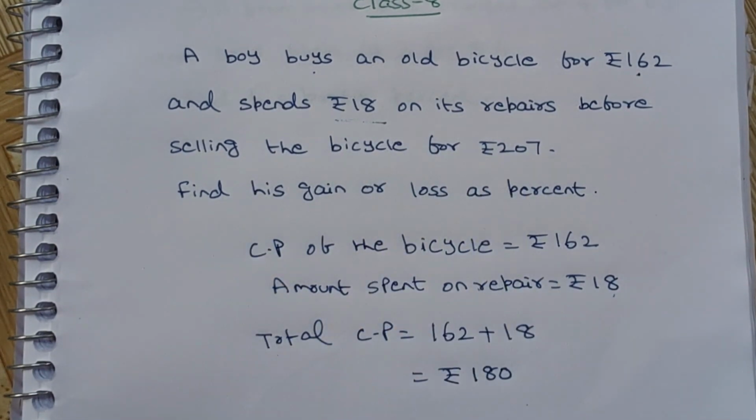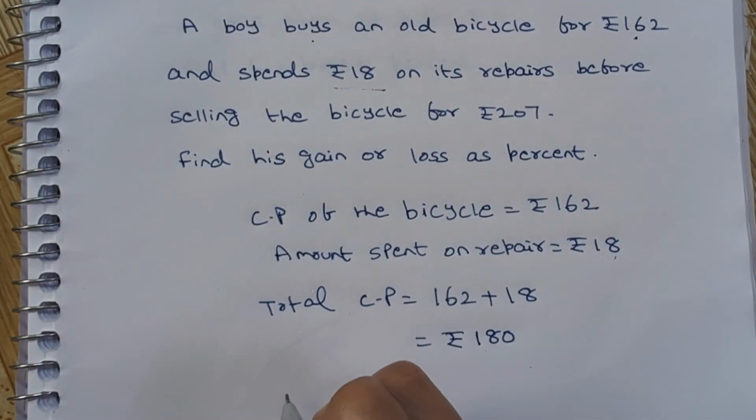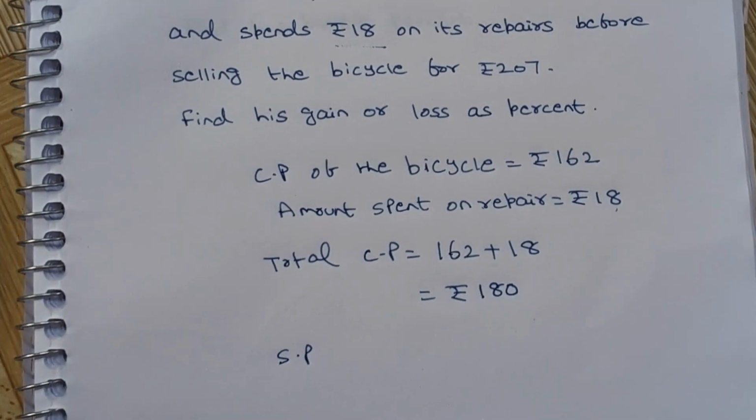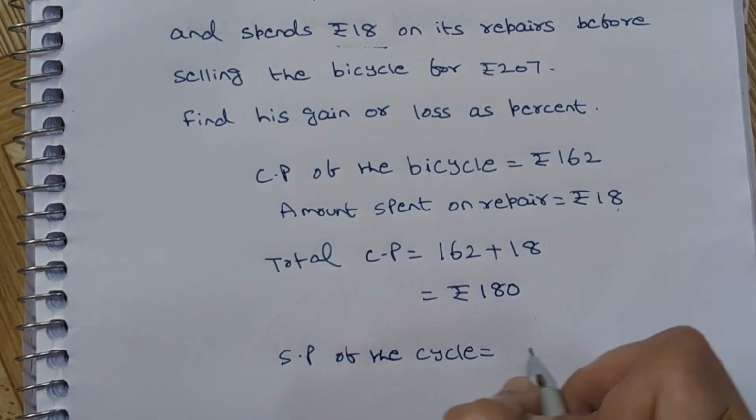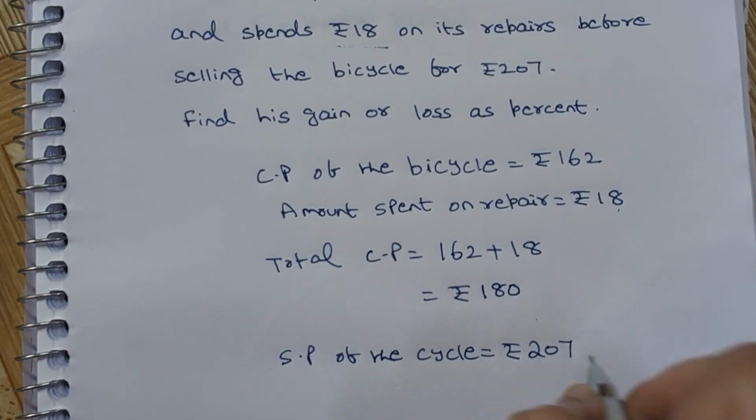He sells the bicycle for rupees 207. So SP of the cycle equal to rupees 207.